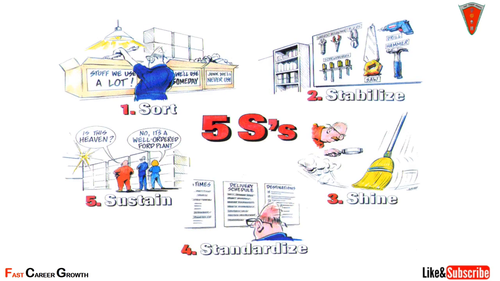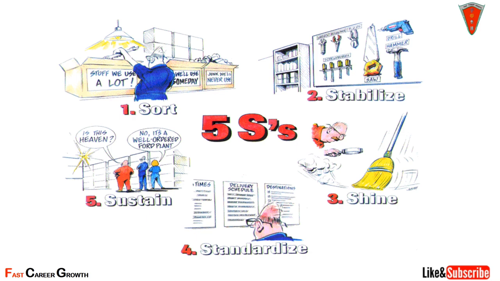So what is 5S? The 5S video will be shared later. So what is meaning of 5S? 5S is an organized method to keep up your organization or company. It is not for sweeping of your company.